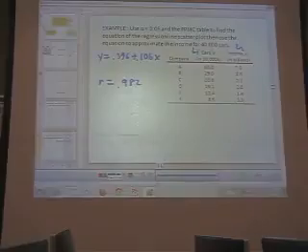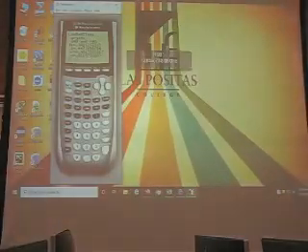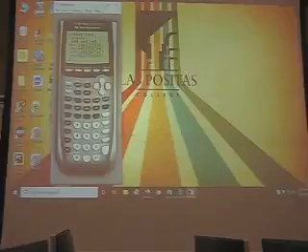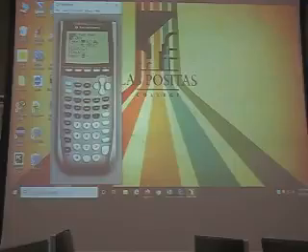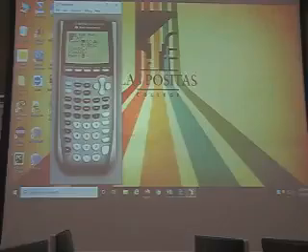If you want to know how to get to the graphing, go to second stat plot, right up here, directly above the second key. You see number 1? Hit enter, even if it says off, and then you can turn it on. Go to where it's blinking on and hit enter so it's on.